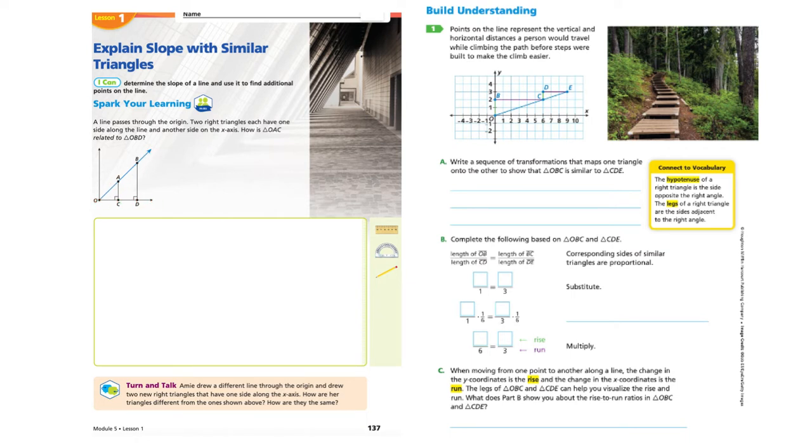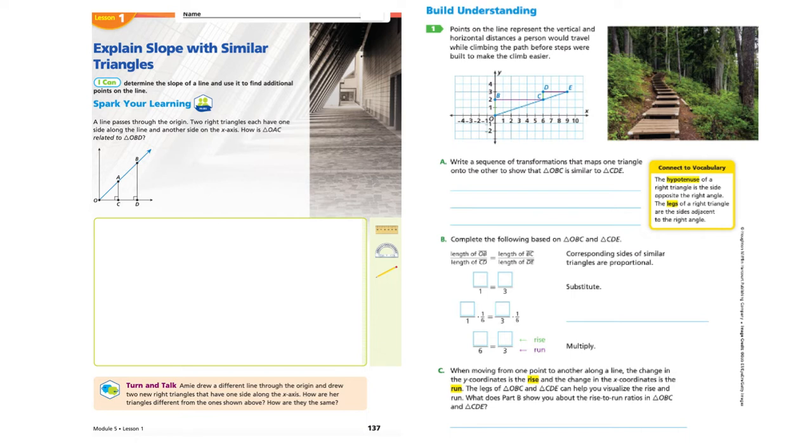And so you can see the two triangles that they're talking about right there. How is triangle OAC related to triangle OBD? So use your tools, your protractor, your ruler, measure the angles, the sides, the lines, and tell how those two triangles are related. Then you can move on to the build understanding.